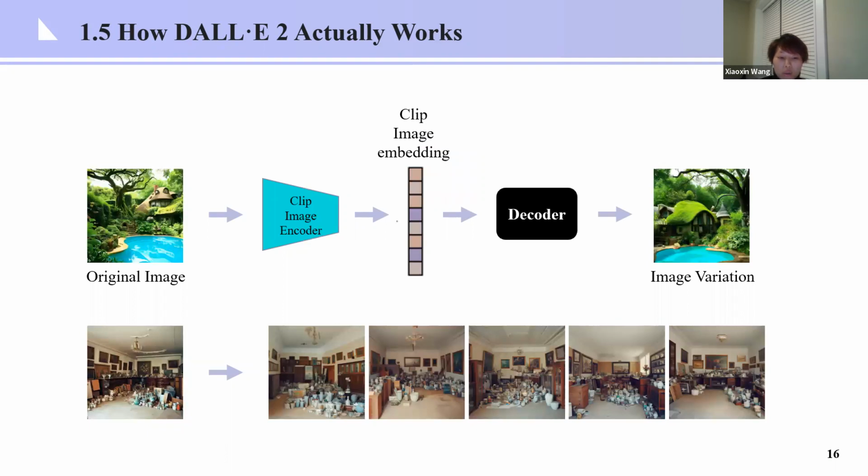So let's also take a look at how the variations are created with DALL-E 2. Making a variation of a given image means that you keep the main element and the style of an image, but change the trivial details.